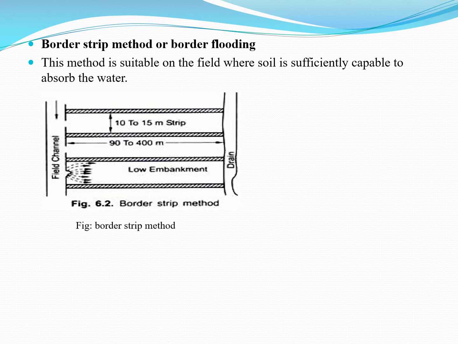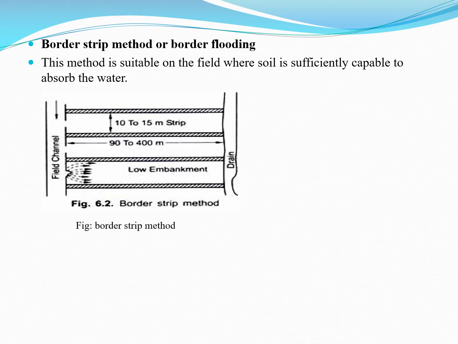The water is then diverted from the field channel into strips. The water flows slowly towards the lower end, wetting the soil as it advances. The surface between two embankments should essentially be leveled.